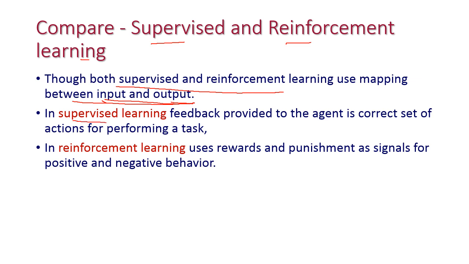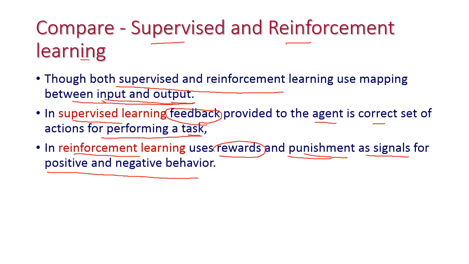In supervised learning, feedback is a very important concept that provides the agent the correct set of actions for performing a particular task. But reinforcement learning uses reward points and punishment, that is, penalty points, as signals for positive and negative behavior.